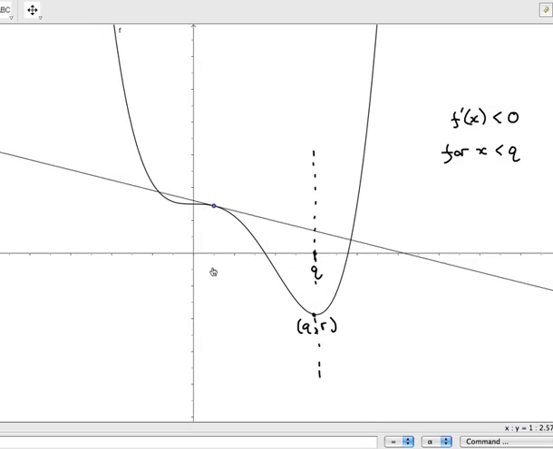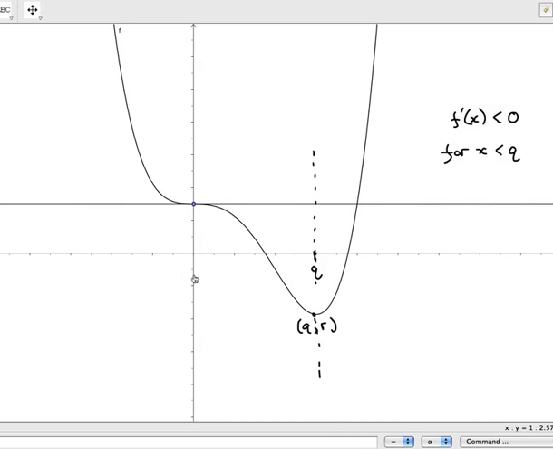Did you notice that at this point the gradient of the curve, the gradient of that tangent is 0? Now that means that f dashed of x is not less than 0. There is one value of x, namely 0, where the gradient at this point is 0, and it tells you that that's a stationary point.